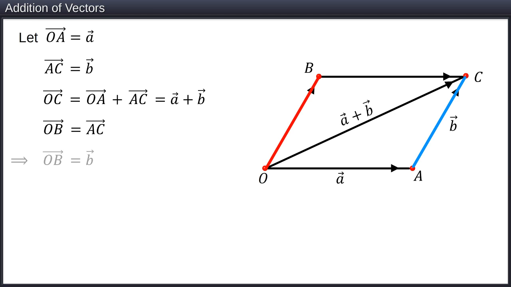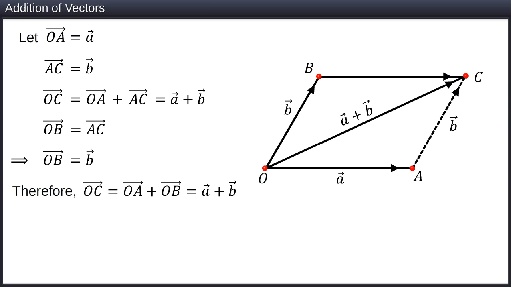Therefore, vector OB is equal to vector B. We observe that the sum of vectors OA and OB is represented by the diagonal of the parallelogram passing through the common point of vectors OA and OB, that is, point O.